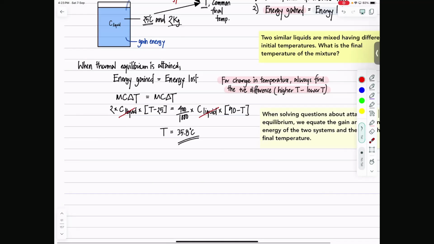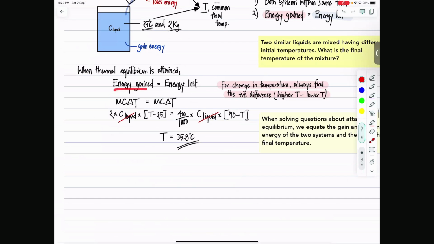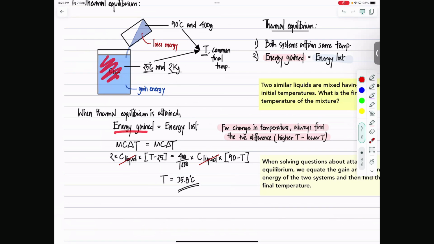So what we did is we found the energy gained by the system. How? mcΔT. Final temperature is T, initial temperature is 25. So I take T minus 25, because for change in temperature, we always find a positive difference, higher minus lower. This is because it's an energy value and positive is safer. And for loss, who's losing energy?